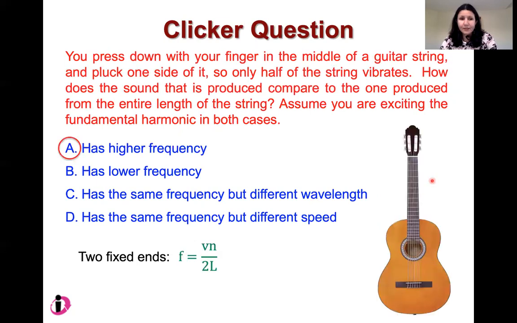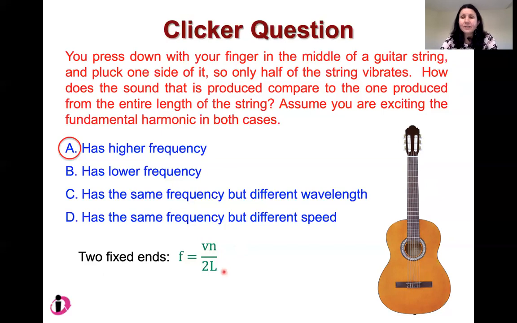All right, so the answer is now you will have a higher frequency. So how do we know this? Well, if we go back to this expression for frequency for 2 fixed ends, we see it depends on the speed. We haven't changed the speed. The way we would change the speed is actually by going to a different string, because the difference between the 2 strings is, well, part of it is the mass density, but part of it is the tension in the string.